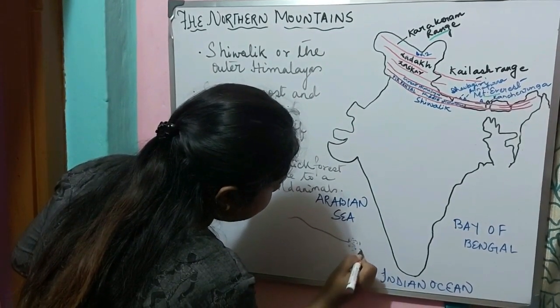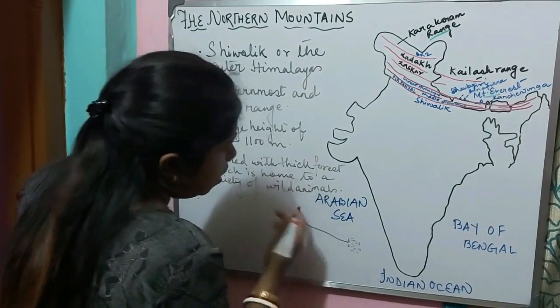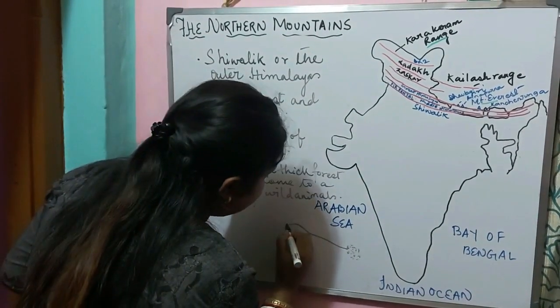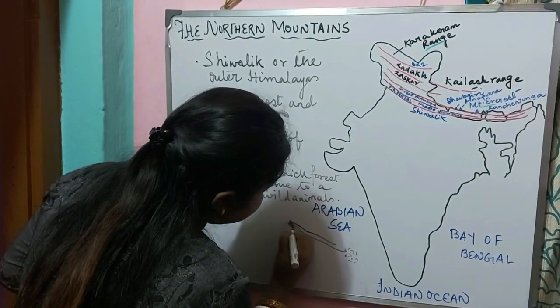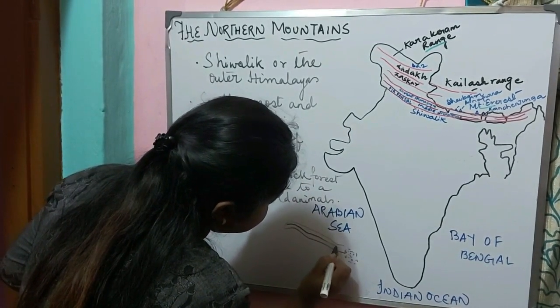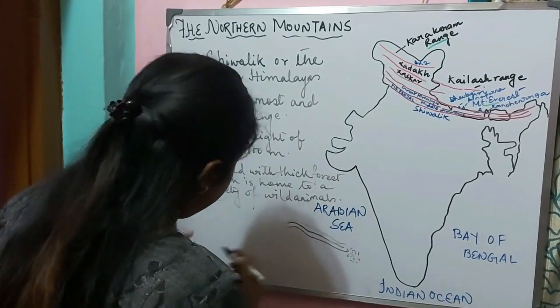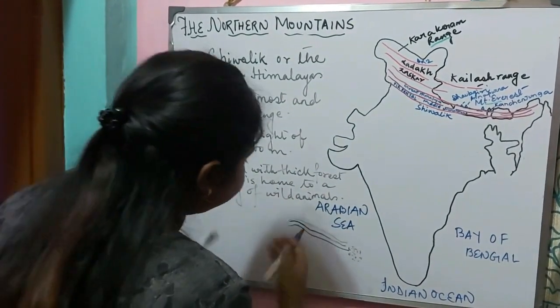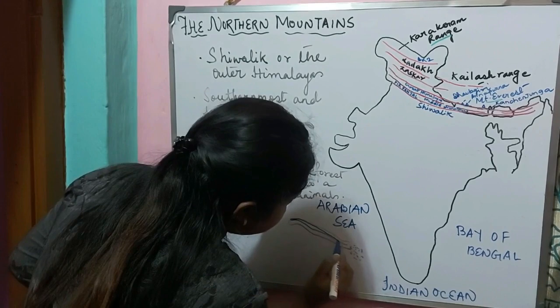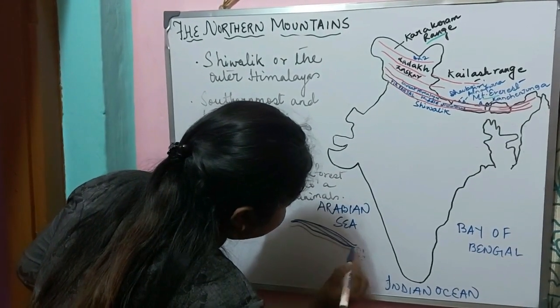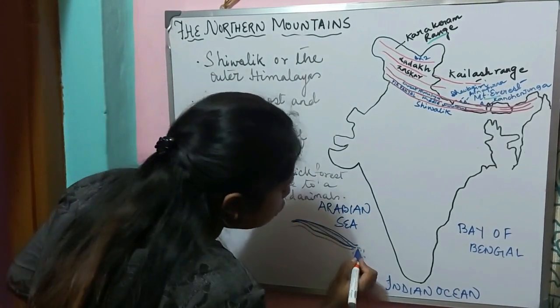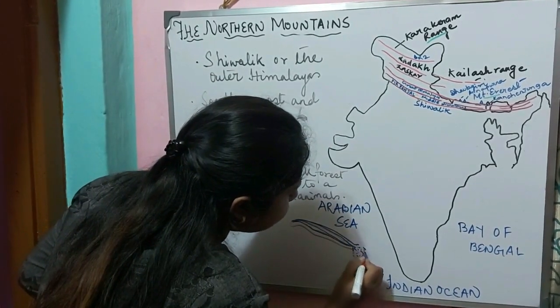What happens? The rivers from the mountains come down, as we know. As they come down, they deposit the sediments where? In the Shiwaliks. So the rivers come down, they carry some sediments, alluvium, that we call alluvium, so that they deposit it here.